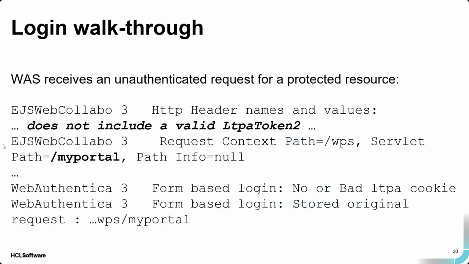So a request comes into the web container saying, I would like to access this protected URL called my portal. WebSphere says, well, the basis for me knowing who you are is the lightweight third-party authentication token. That is a proprietary single sign-on solution that was developed by IBM years and years ago.